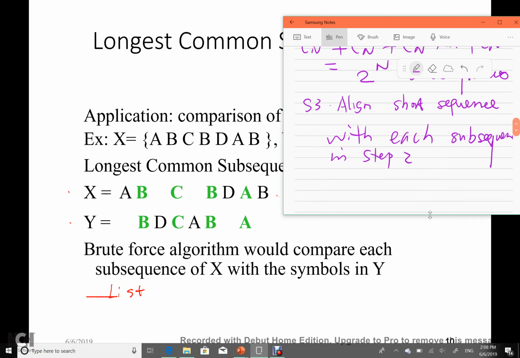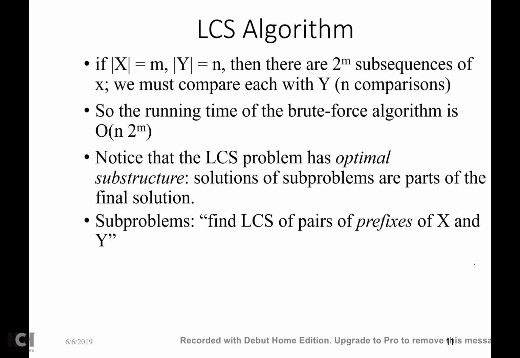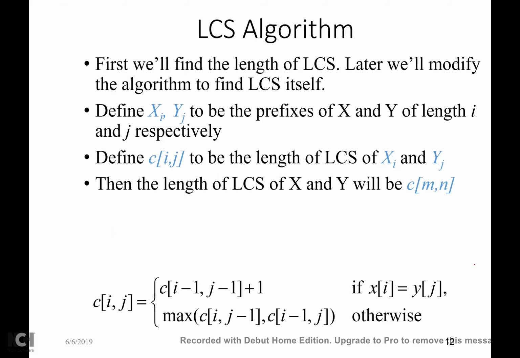And so we see from here the total runtime is what? It is O(m times 2 to the power of n), right? Can you see that? So this is the brute force method, which definitely gives us an exponential solution, and which is not efficient. And let's take a look at the dynamic programming solution.